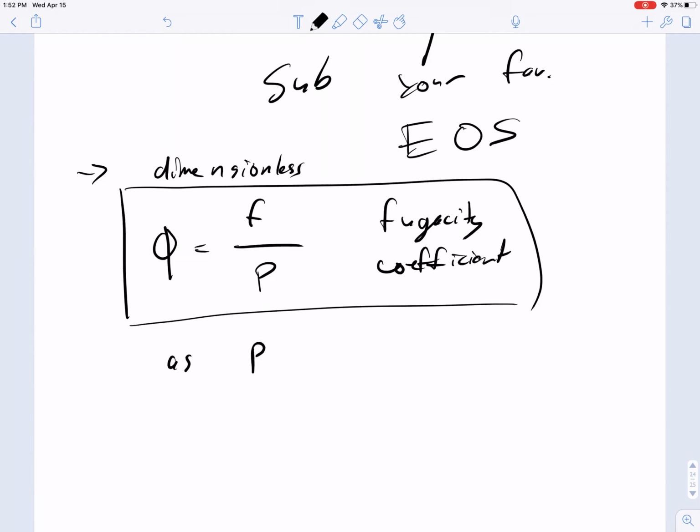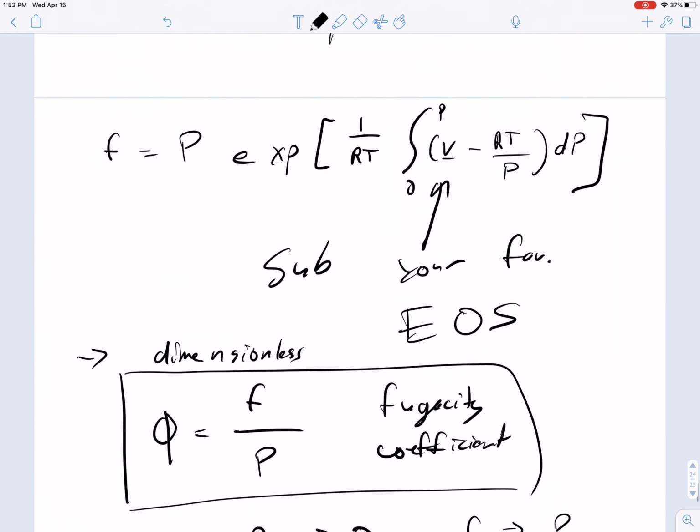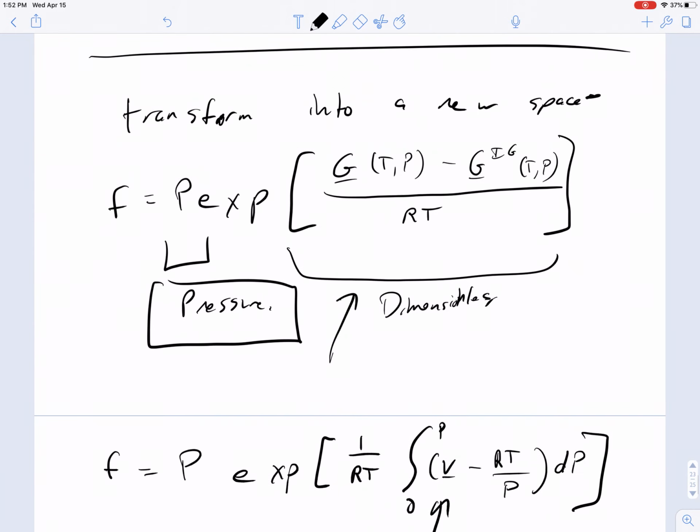As pressure approaches 0, the fugacity approaches the value of your pressure. Fugacity collapses to becoming like the ideal gas, because as your pressure goes to 0, let me just show you up here, this subtraction between the real material and the ideal gas material, the difference will be going to 0.